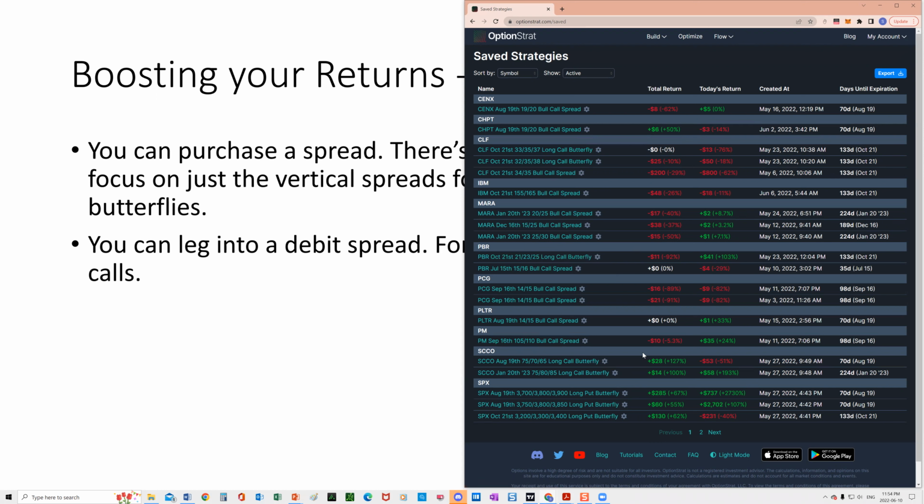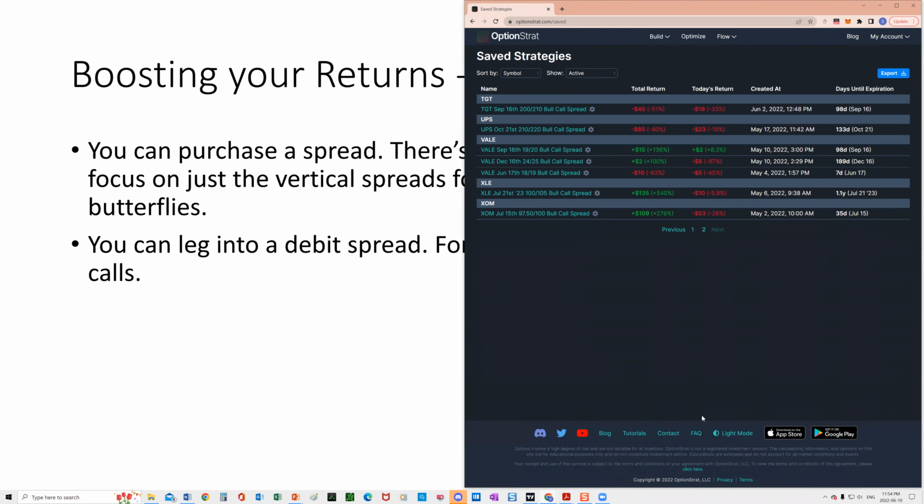So when they start working, right, and I haven't shown you butterflies yet, but here's an example of XLE and XOM. So back at the beginning of May, we looked at XOM. I said, okay, hey, the July 15th $97.50, $100 call spread, which would have been way out of the money at that time.